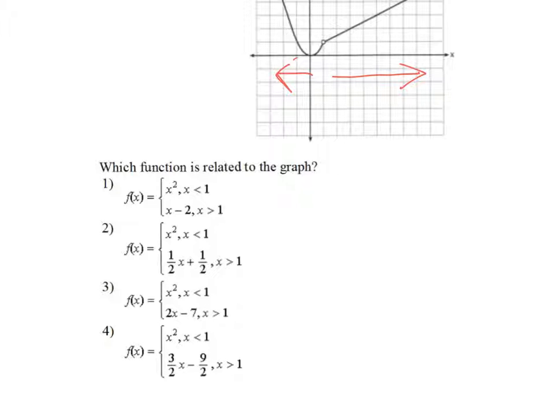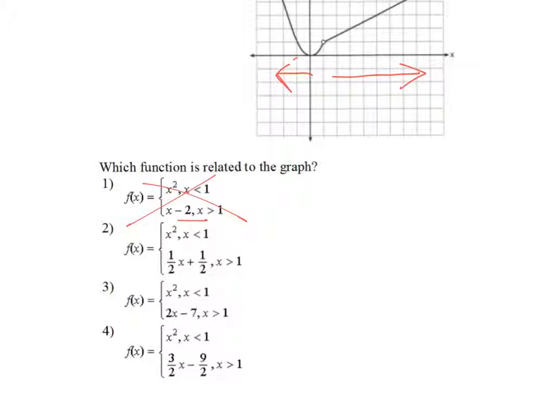So immediately I look at all my selections here, and they all have domains that are greater than 1, and if we evaluate the first choice here, the y-intercept definitely isn't at a -2, so this isn't going to work.